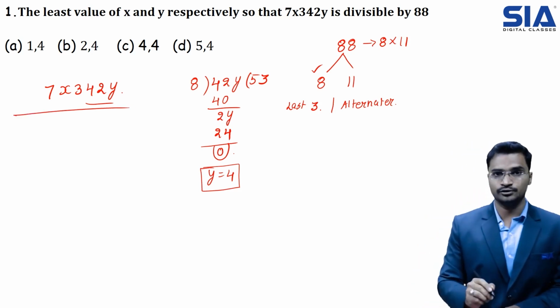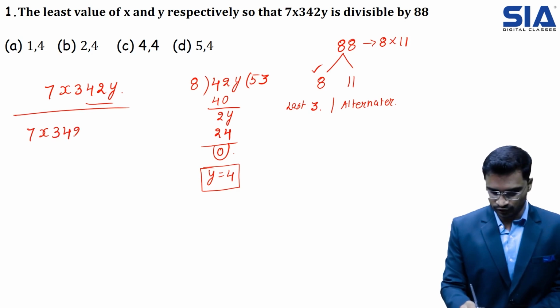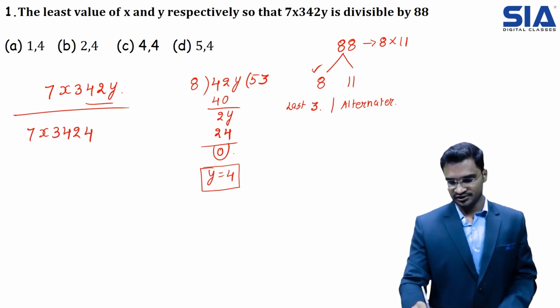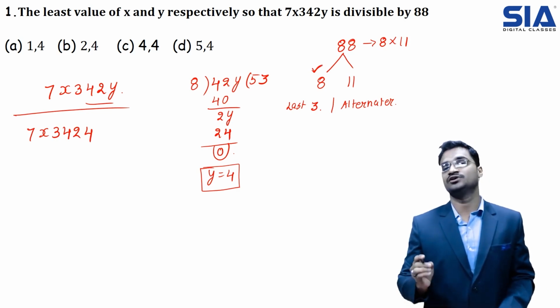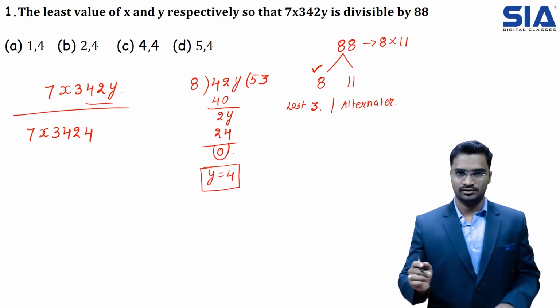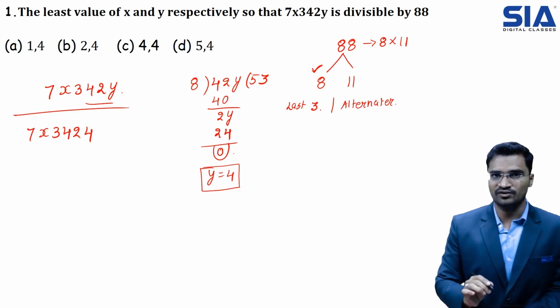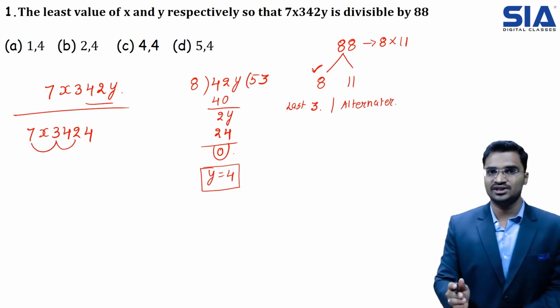Let us substitute it here: 7x342y, with y as 4. Now we have checked the divisibility rule of 8. Now we have to check the divisibility rule of 11. The divisibility rule of 11 says that alternate digits should be added and then subtracted with the other alternate digits.